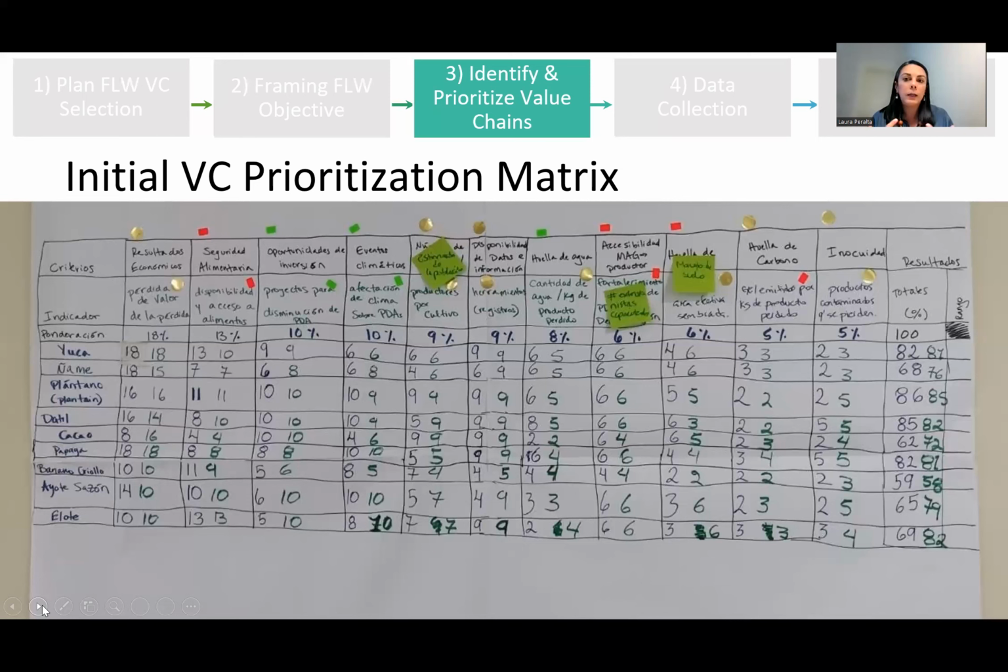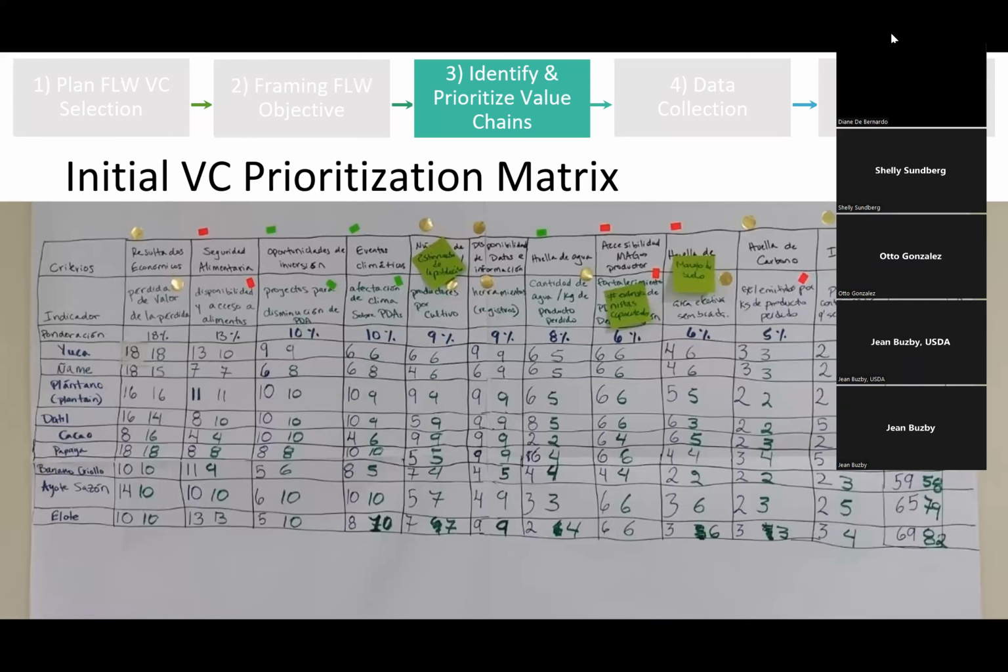So this told us a lot of things about how certain the data was, what was needed, what gaps we were finding. And we were able, as you can see in some dots in the upper part of this matrix, to have the MAG extension agents assessing the certainty and the availability of the data for each criteria.